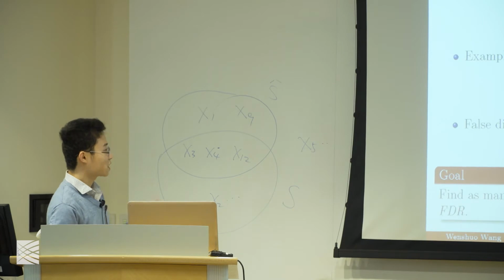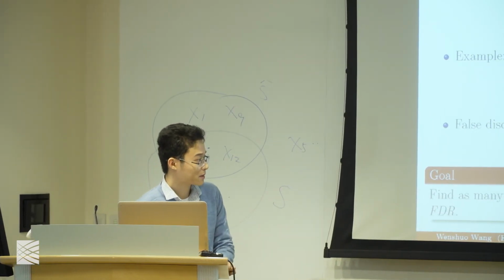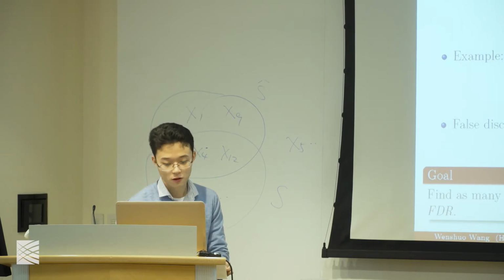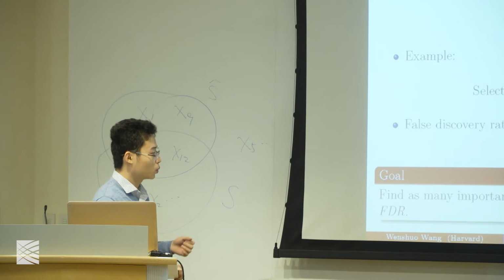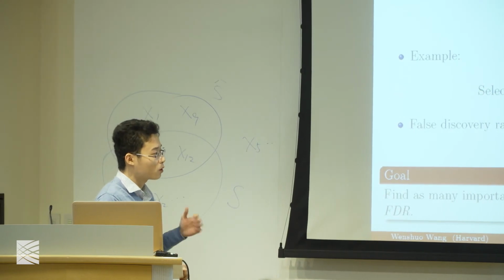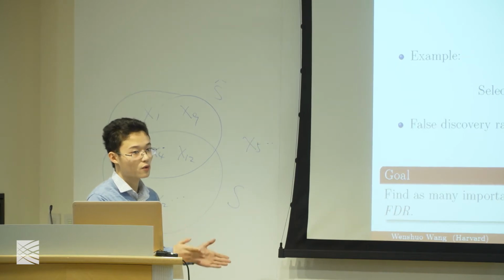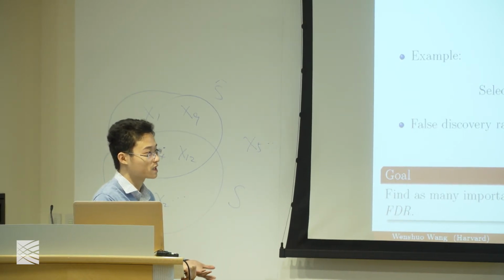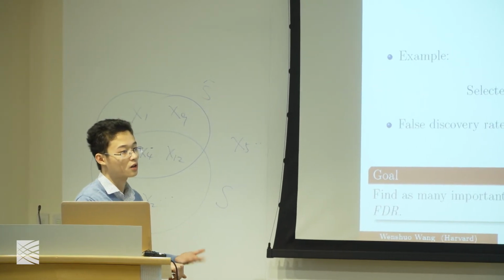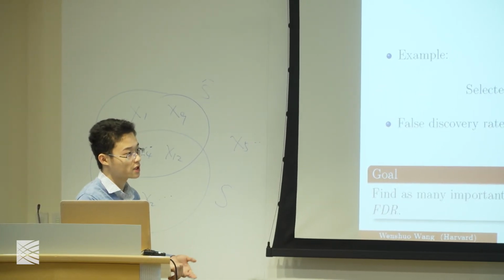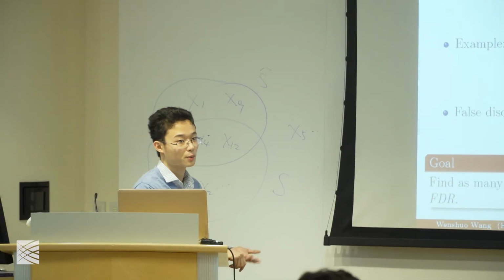Yeah, and of course, that's going to be a random number. So we define its expectation to be the false discovery rate. That's just the expectation of the FDP. And of course, we want to lower FDR because, for example, if I tell you here's 100 variables that might be important, it's going to be very different if I tell you that only 10% of them are actually false, which means if you study this with these 100 variables, 90% of your money is going to be well spent.